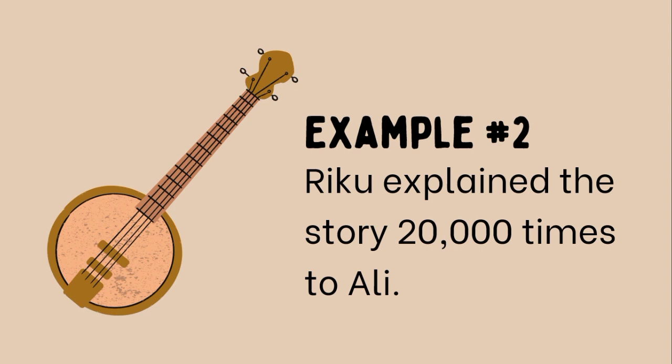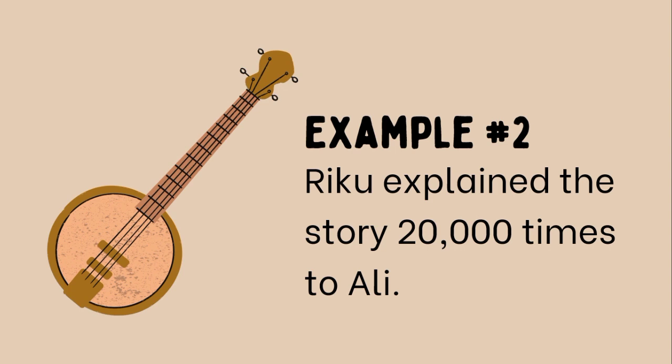Or Rika might have used a lot of explanations for Ali to really understand what Rika is trying to say. But it doesn't actually literally mean that Rika explained it 20,000 times, because that would make Rika and Ali have a conversation until the next day or maybe for a week.